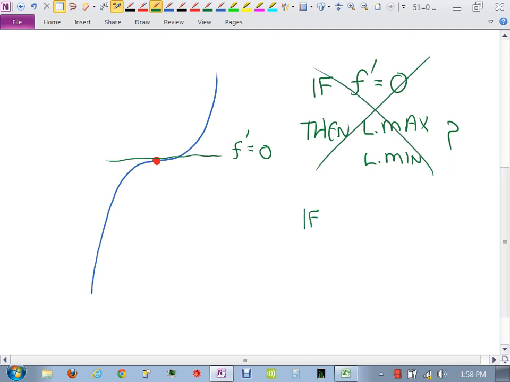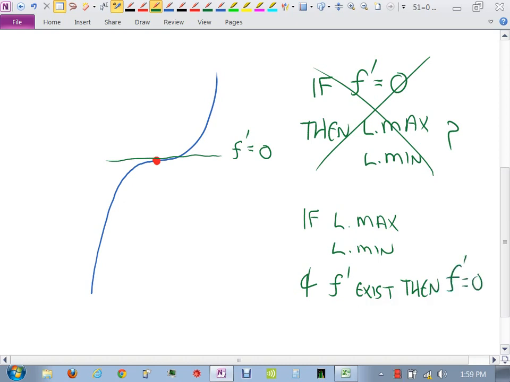Now, if local max, local min, and f prime exists, then I guarantee you that the derivative is 0. So if you're looking at the highest point or lowest point and the derivative exists, then it's guaranteed to be a local max or min.